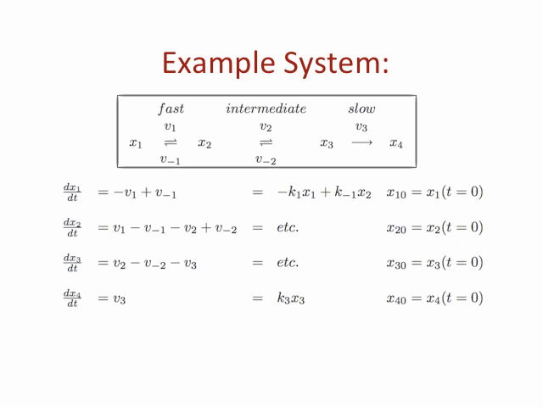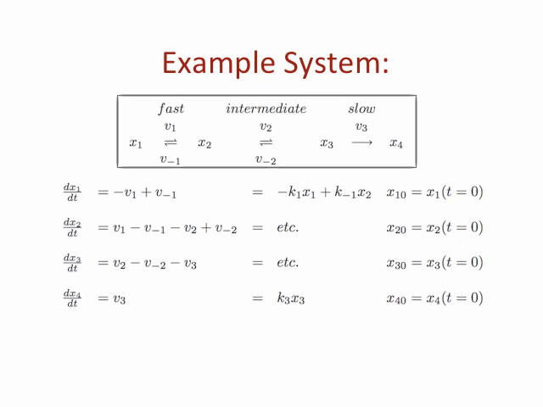To simulate, I now need to specify the numerical values of the rate constants and the initial conditions. I'm going to give K1 and K minus 1 a high value, K2 and K minus 2 a lower value, and K3 the lowest, or the smallest, numerical value. Shown furthest to the right are the initial conditions, which we have to specify.